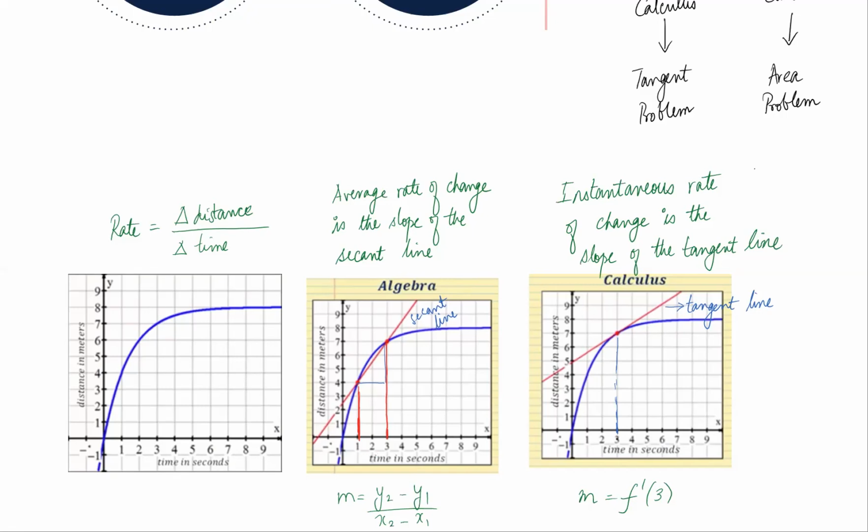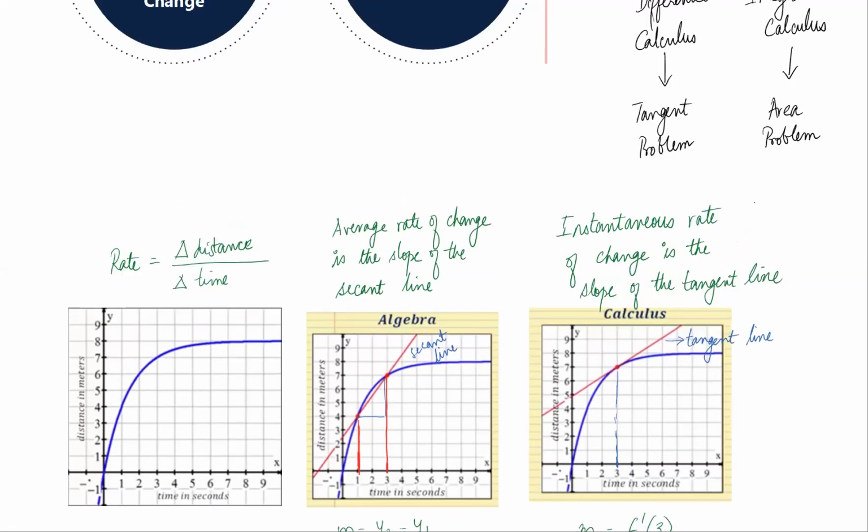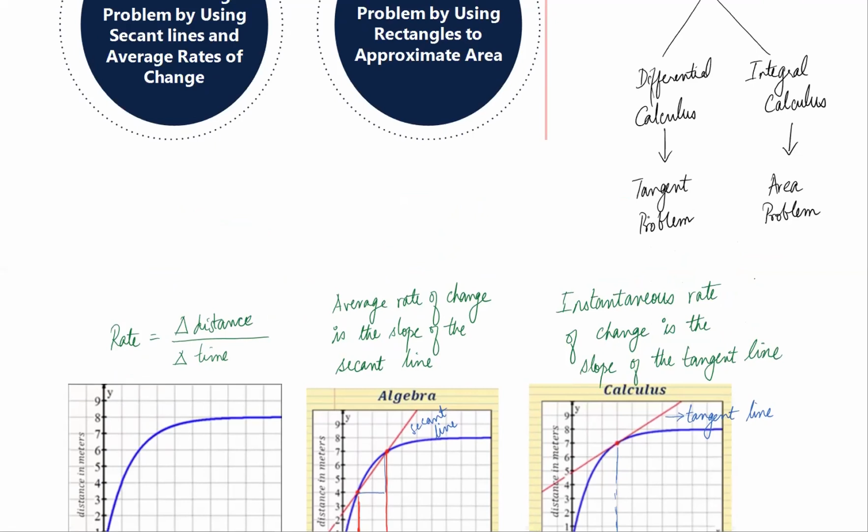Here we're talking about the particular instant 3 or particular instant 2, depending on what you're interested in. And that is the general idea of the tangent problem. This problem is addressed through differential calculus, and that's what we're going to learn.